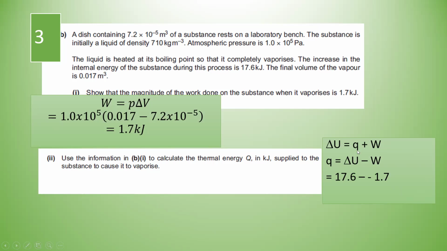Work done: it evaporates, so there's work done by the gas, so that's why there's a negative sign there. Negative, negative, one positive, 19.3 kilojoule.